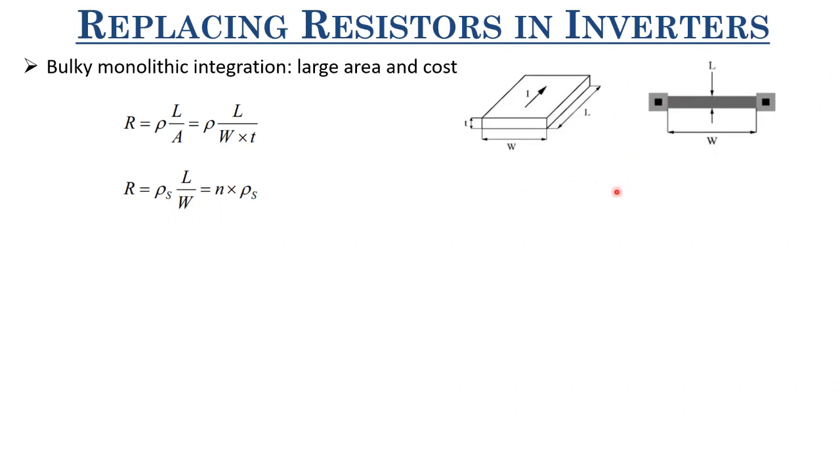Also, to reduce the area, people use a serpentine kind of structure to realize large resistances. Also, in analog circuits we want our resistances to be as matched as possible, right? However, when you draw them on a wafer, what would happen if they are physically separated by a certain distance?